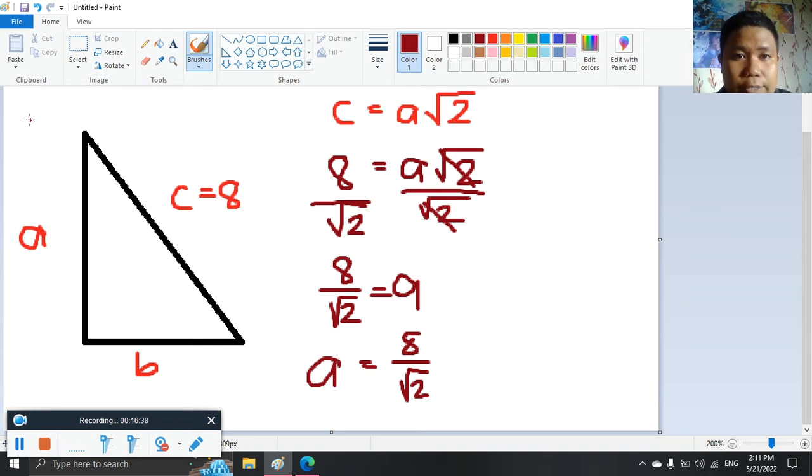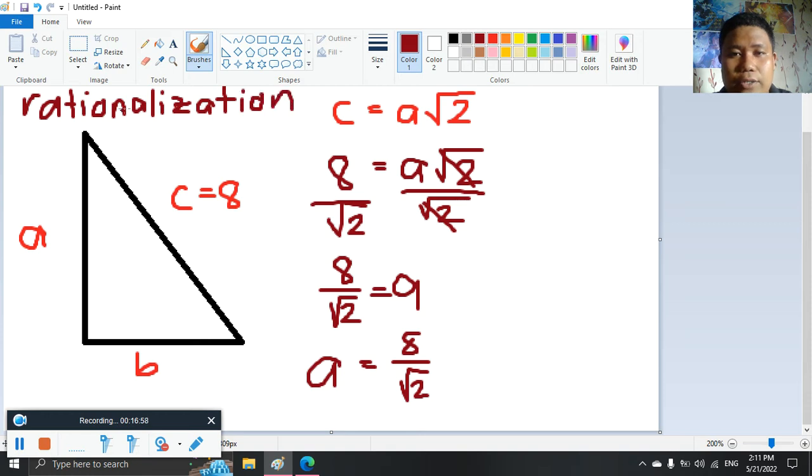Okay? So, I will write it: rationalization. That is the technique or method we will use to get rid of the radical sign, or remove the square root of 2.